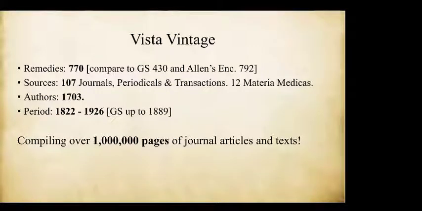We use for Vista Vintage 107 journals, many more than the Guiding Symptoms, for the simple reason that the Guiding Symptoms do not go any further than 1889, because then the whole project has been completed. And we were able to go up to 1926 by reading journals and periodicals and transactions. Transactions are the local meetings of the homeopaths discussing their cases and philosophy.